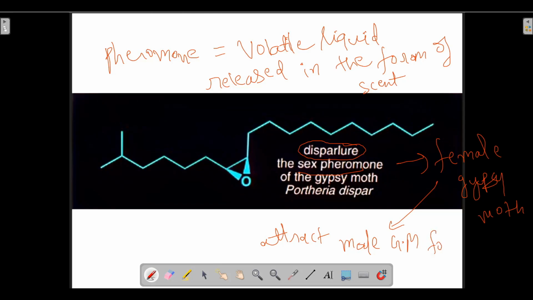For what purpose? For sex, or you can say for mating. So this is the meaning of pheromone.